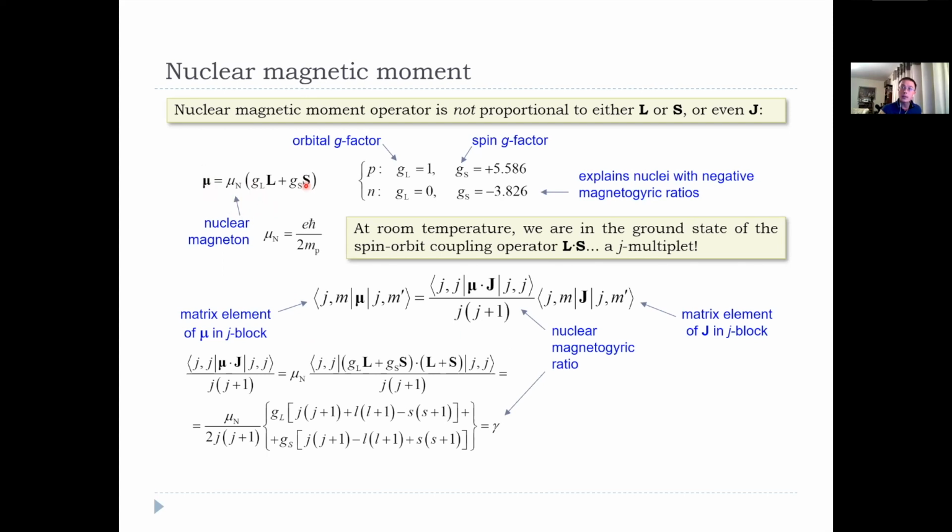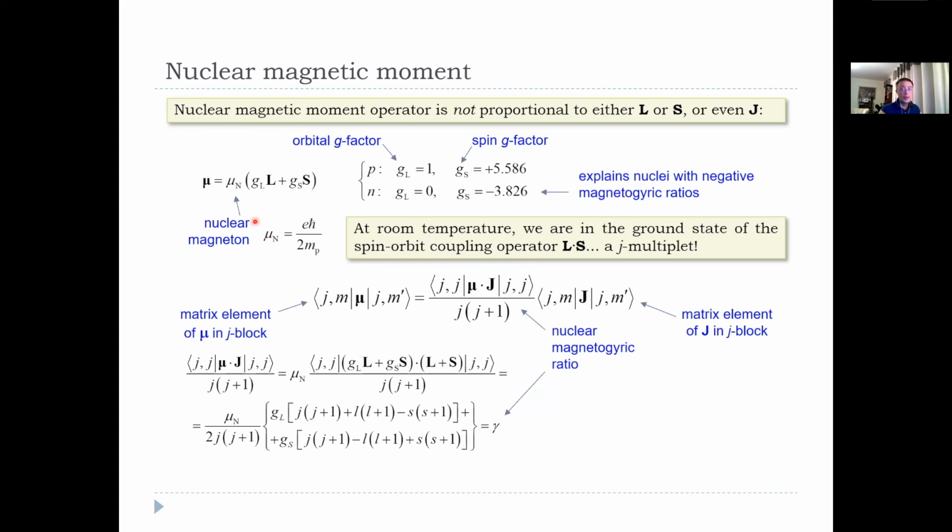It's not just 1 and 2, right? We've got actual factors. After we work through the matrix elements in here, we get this horrendous matrix element, and that's the proportionality coefficient between the magnetic moment and what is now nuclear spin, and this is the magnetogyric ratio. And this is where it comes from: the ground multiplet projection of the full magnetic operator.